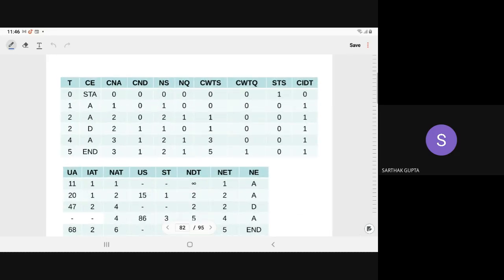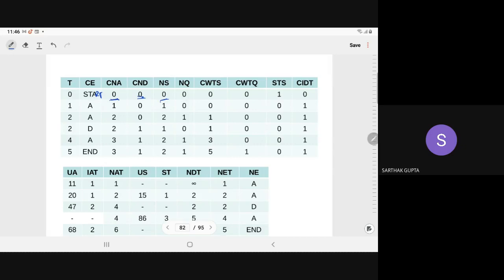In this case, our clock will start from t equal to 0. Current event is the start. So initially there is no customer. So CNA is equal to 0 because you have just started your process. CND will be 0.